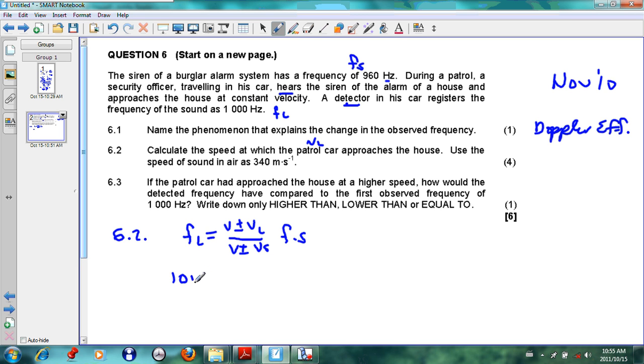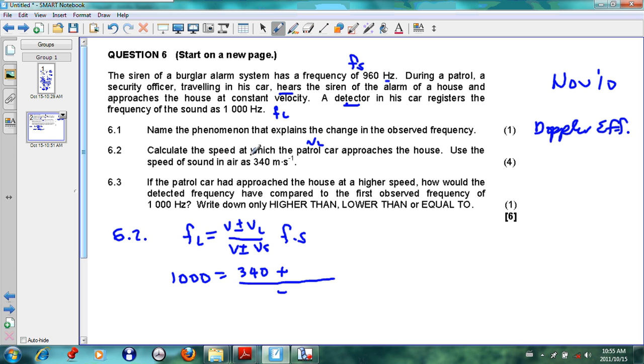So 1000 Hertz is equal to, the v is the speed of sound, which in this case is given as 340. And because the listener is moving towards the source, the top must be plus and the bottom must be minus.